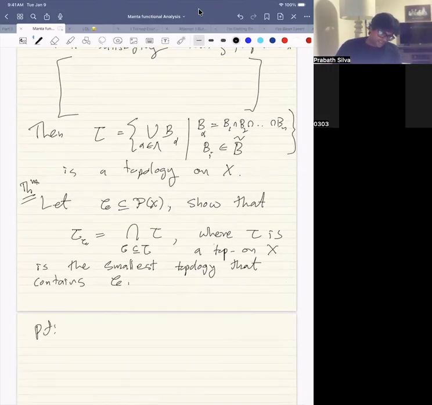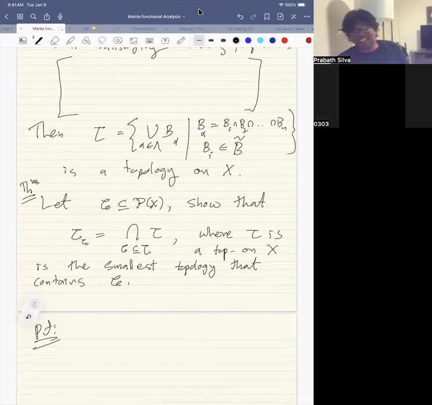We can always construct the smallest topological space that contains any given collection of sets by doing this. For example, you can apply the same process if you have a group and a bunch of elements, and construct the smallest group that contains these elements.